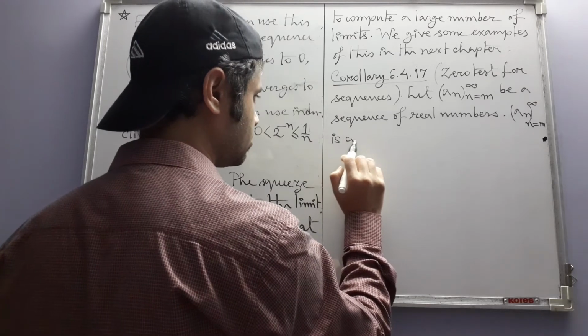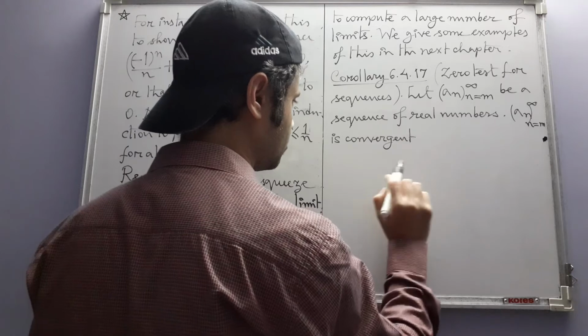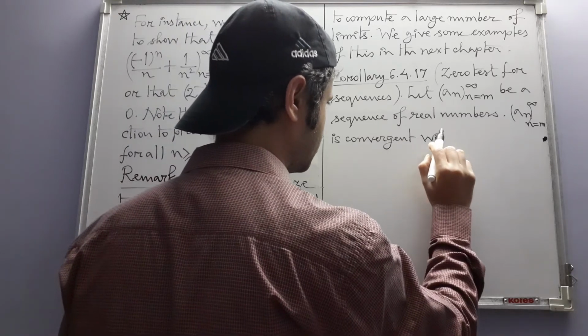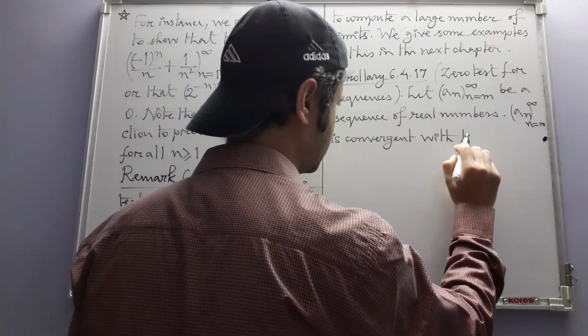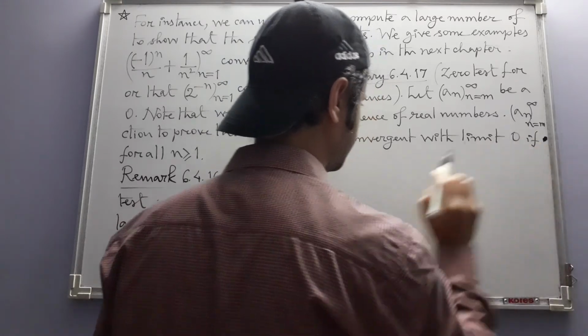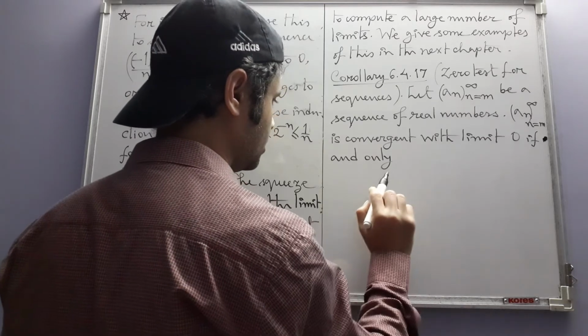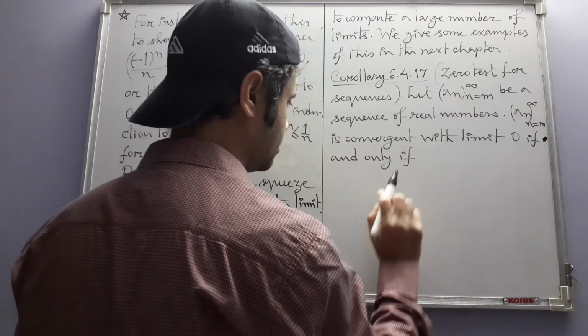Then a_n is convergent with limit 0 if and only if the sequence of absolute values is convergent with limit 0.